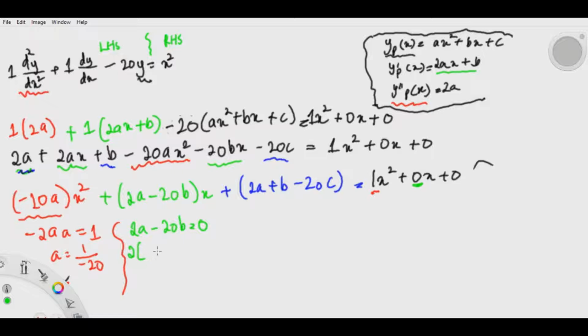We know that a is minus 1 over 20, or 1 over negative 20, doesn't make a difference. 2 times minus 1 is minus 2, divided by 20 is negative 1 over 10, so that's just minus 0.1. Minus 20b equals 0. If we do some quick transposition, b equals 0.1 divided by negative 20.